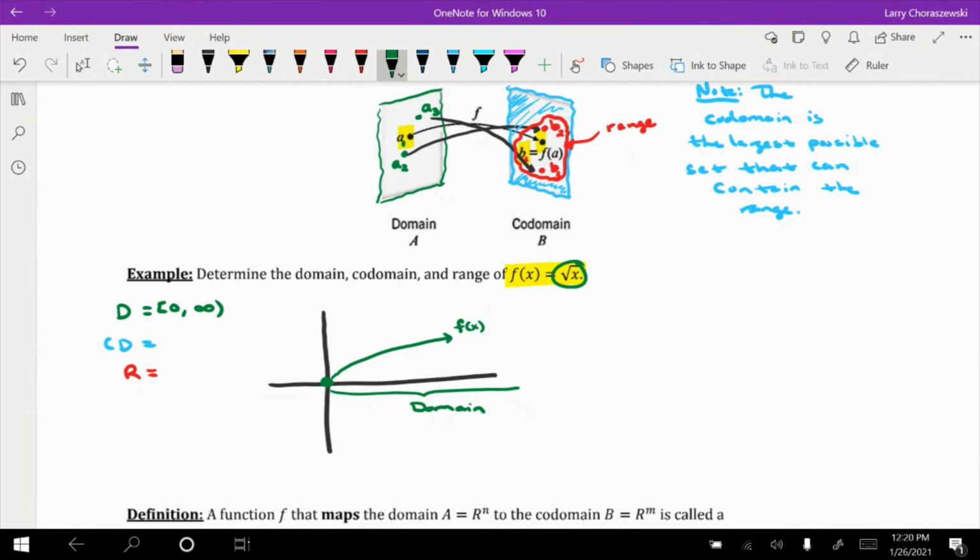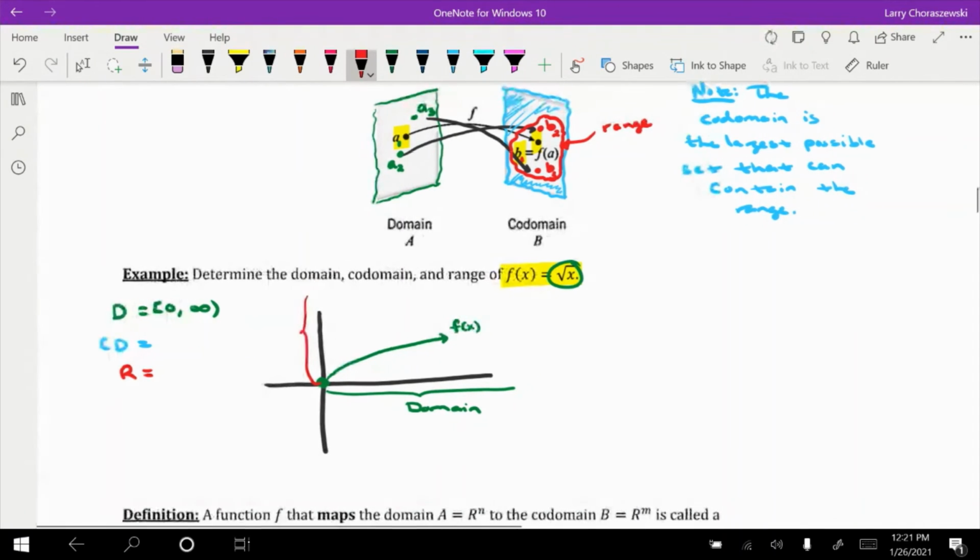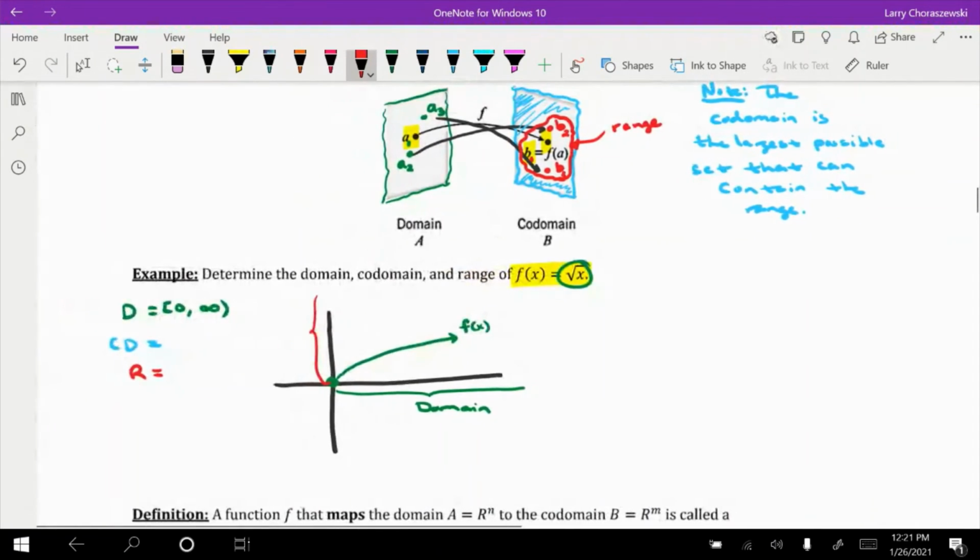Yep, you got it. The smallest y value is at the origin, and we get y values that just keep growing larger and larger in positive size. So visually speaking, the range would be the positive part of the y-axis, but also include the origin. So this would be our range. It'd be bracket 0, comma, infinity.